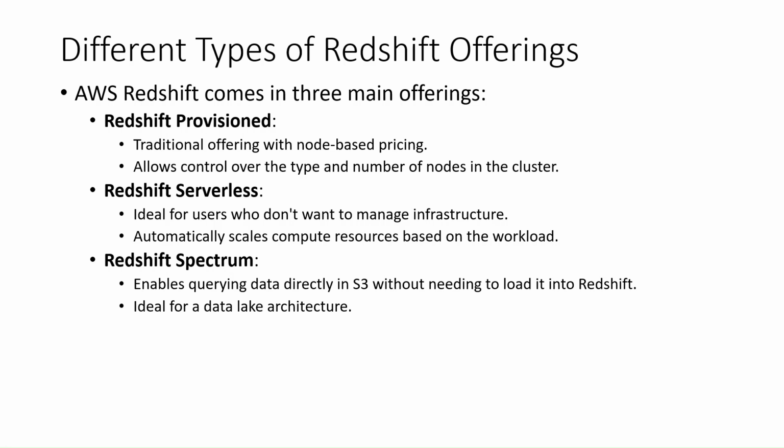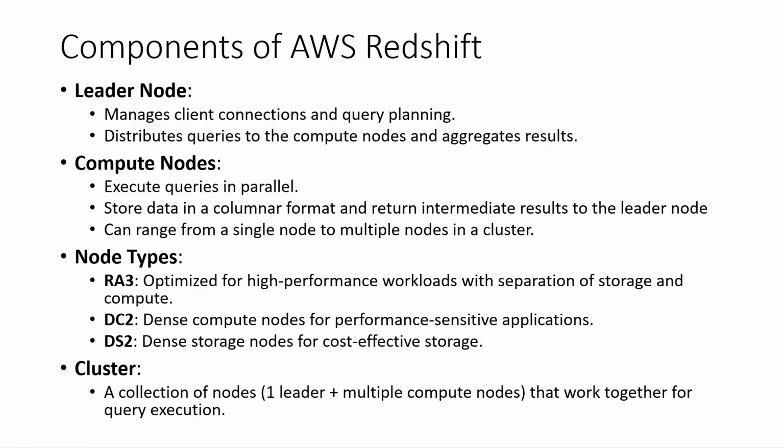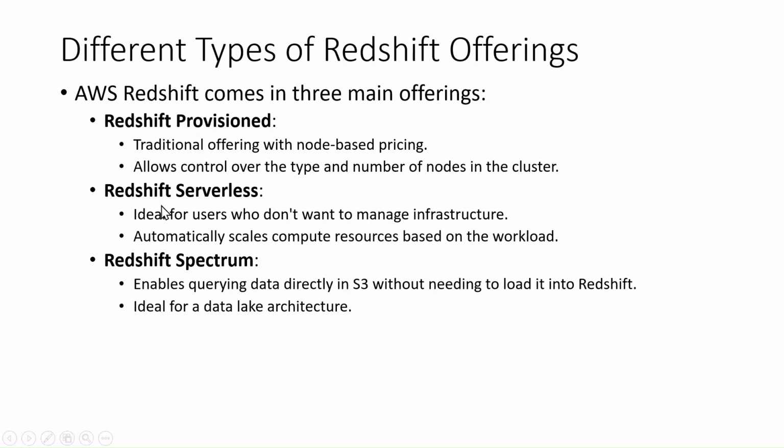It is not necessary to load the data into your Redshift. Ideal for data lake architecture. Fine. So we just came across the different types of offerings in Redshift. Just choose accordingly based on your work.